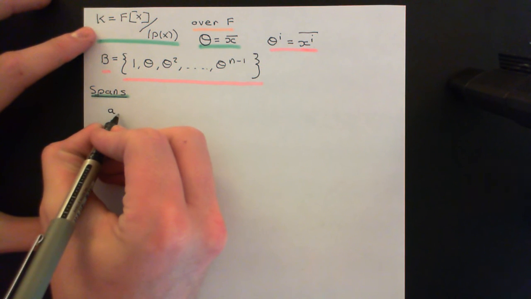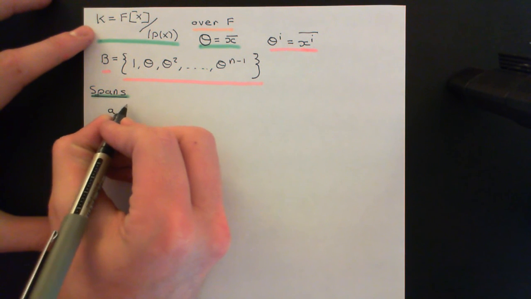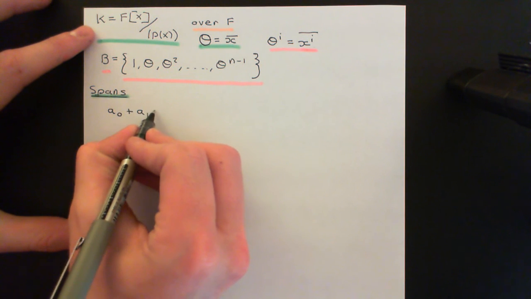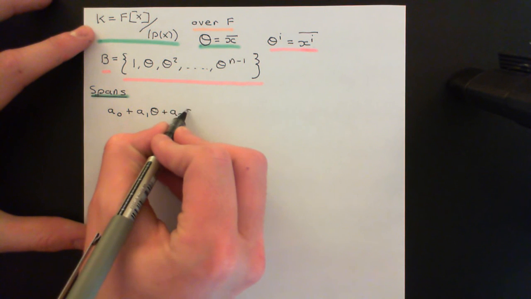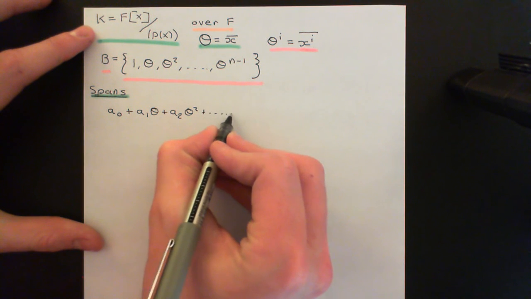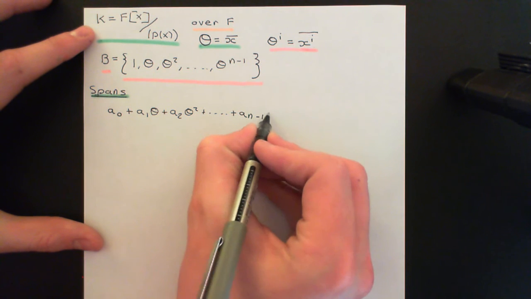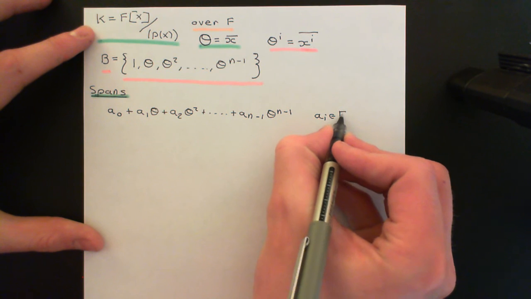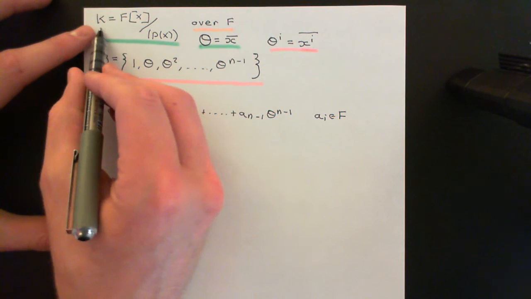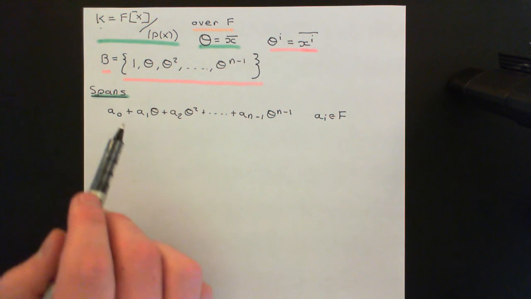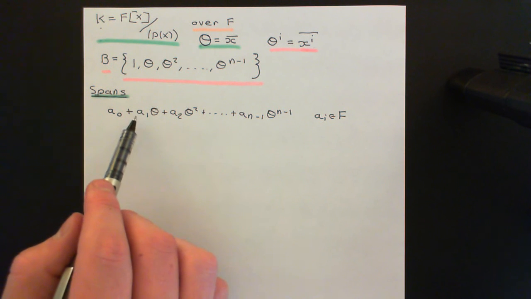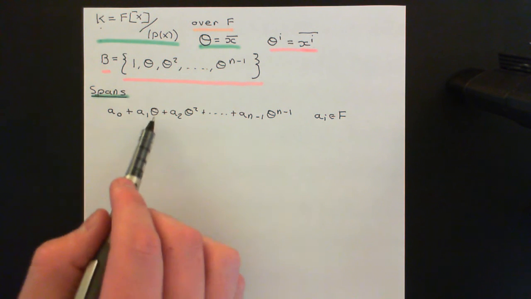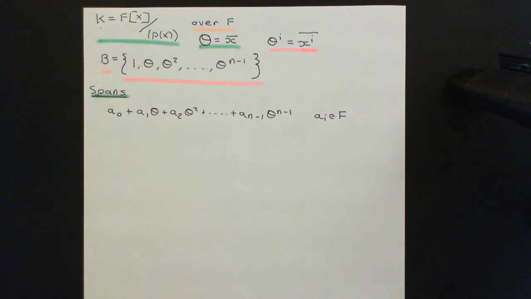So we're going to have a0 times 1, and of course 1 is the multiplicative identity, so I won't even bother writing that, plus a1 times theta, plus a2 times theta squared, plus all the way up to a(n minus 1) theta to the n minus 1, where all of these a_i's are from the field capital F, which you can now view as a subfield of K. Of course multiplication here just means multiplication of the coset that contains this, which we're now representing without the bar notation, times theta, this coset that's in the field extension.